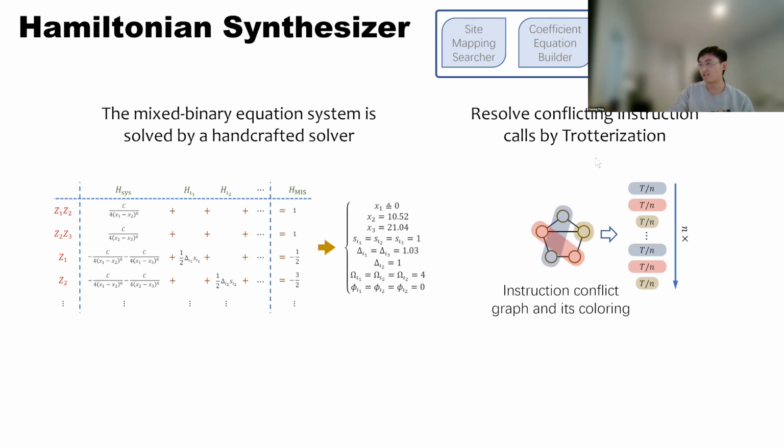We use trivialization as a technique here to tackle this conflict problem. We build a conflict graph for the instructions, find a coloring of it, and use the coloring to do trivialization, writing down the schedule so that it evolves according to the coloring.